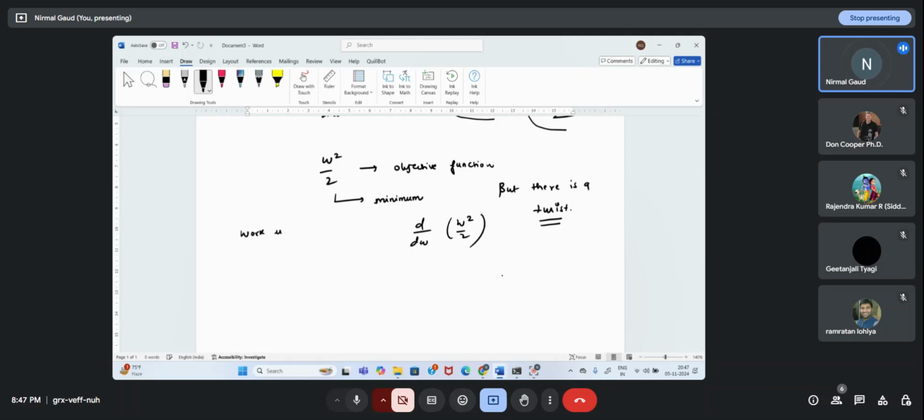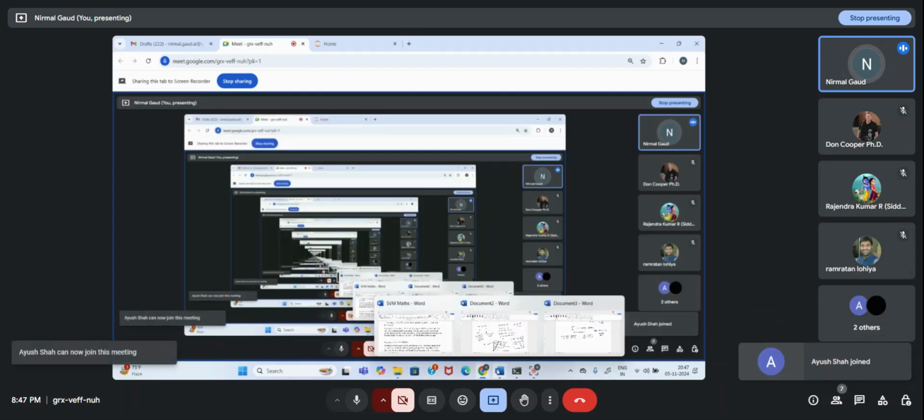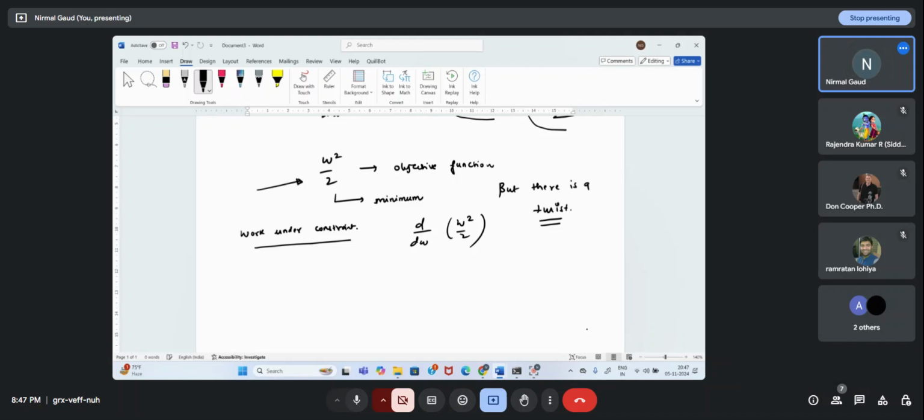Okay, work under constraint. It's not unconstrained equation, it's constraint equation. Okay, you got this as objective function. You want to optimize this function, but under constraint. This is your constraint equation.